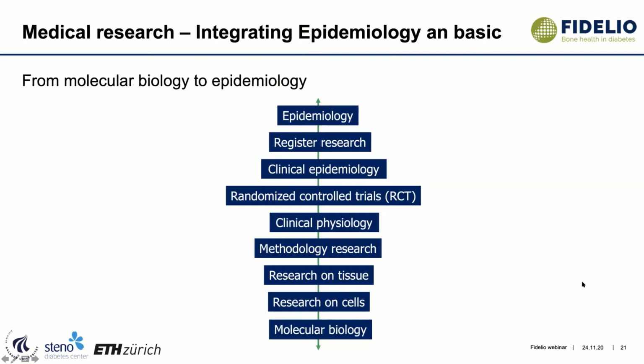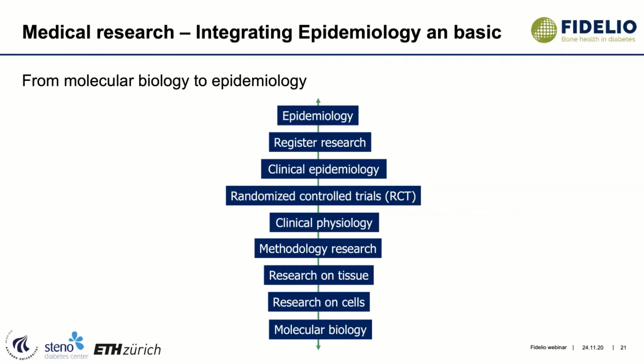Therefore, we would of course need the randomized controlled trial as presented before. However, randomized controlled trials have limits in duration. There may be certain side effects or good effects that are only seen with very long observation periods that we can only cover with epidemiology.